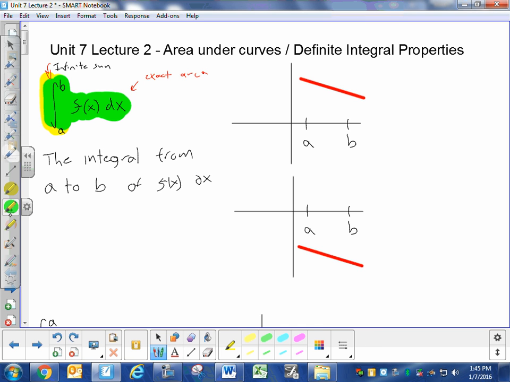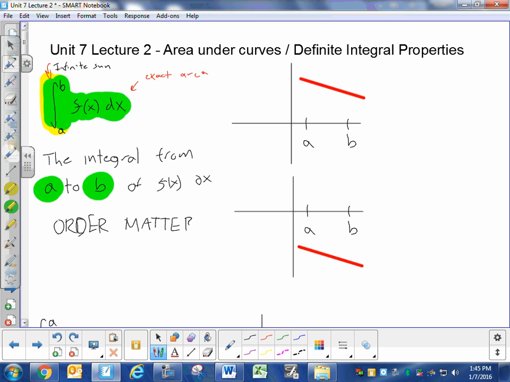Notice a to b is very specific. Order is going to matter where this a and b is going to be placed. Order matters. Okay? In the integral, the bottom number is where you're going to start your infinite sum, and the top is where you're going to end.